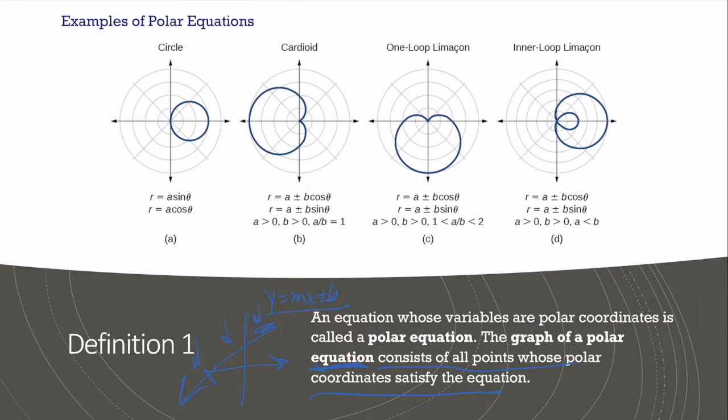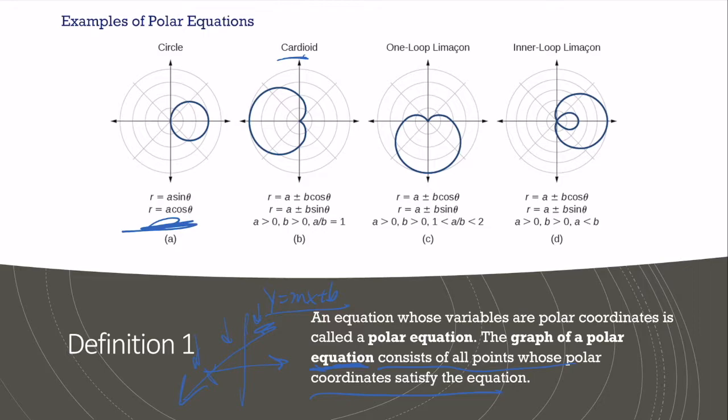So here are some examples of polar equations. We're primarily going to be working with circles, as we don't have time to go more deeply into cardioids, one-loop limaçons and inner-loop limaçons, but these are some different shapes that you can get using polar coordinates. Cardioid is called that because it looks kind of like a heart. Think of cardiovascular, a heart shape.